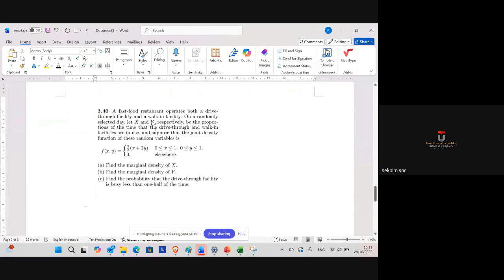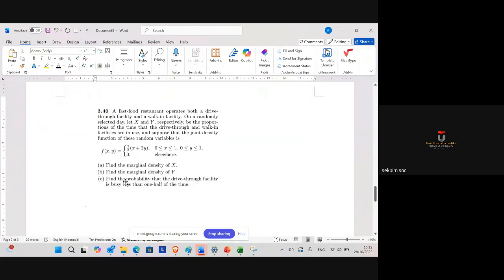So it's time, right? Time is usually continuous. So x and y represent time, so they are continuous random variables, and suppose that the joint probability function is this one, where x and y are continuous and lie in the closed interval 0 to 1. And this is the formula for the function.